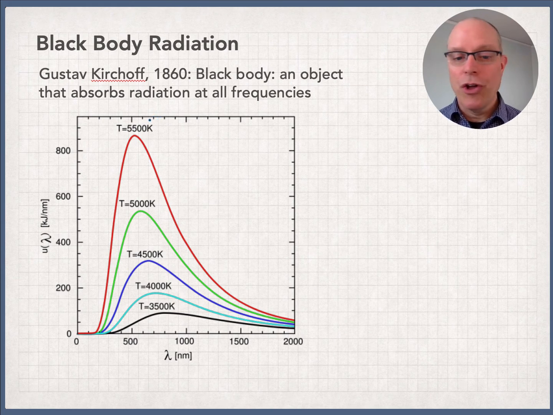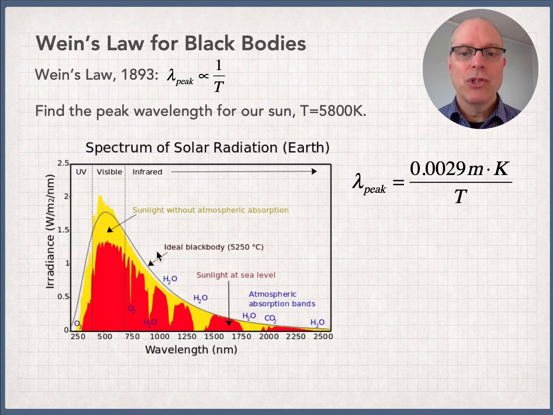He had his hand in all sorts of different science, and what he showed was that black bodies, which are things that absorb all sorts of different frequencies of light, also emit all sorts of different frequencies of light, and the wavelengths that they emit depend in some way on their color. So again, what he did was to show that temperature and the color that a thing emits are related to each other.